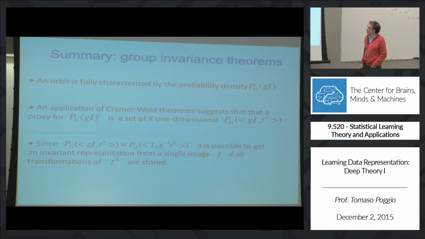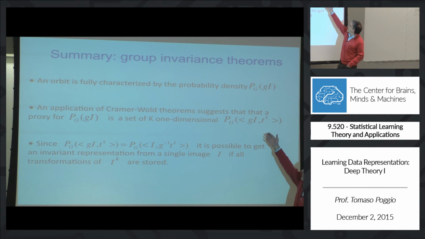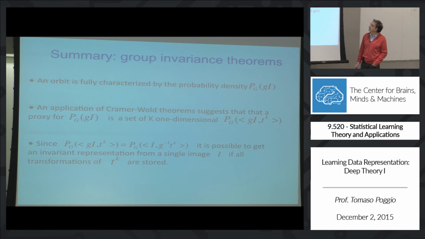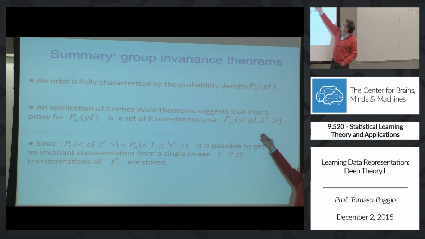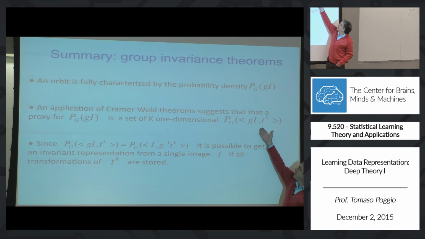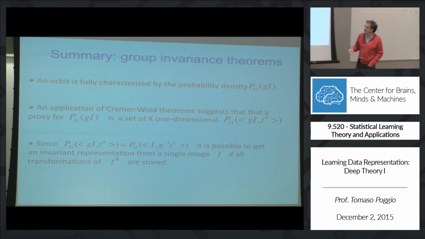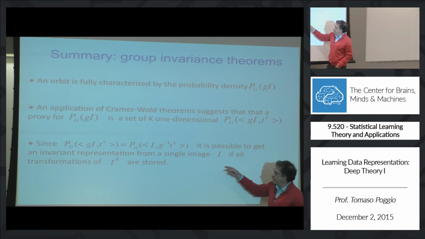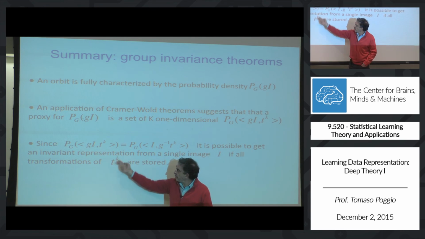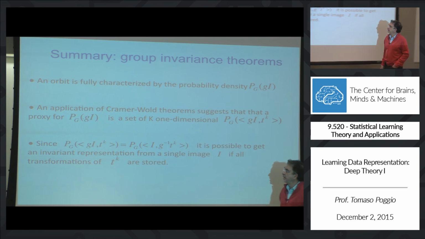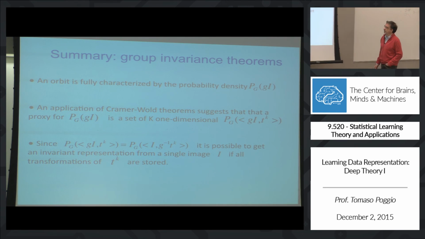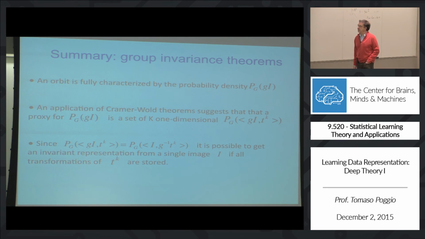And then instead of having the full probability distribution, high dimensions, you can have a set of one-dimensional probability distributions generated by dot products of I with a fixed set of templates. And then because of this property of the dot product, you don't need to see all the transformations of the image if you have all the transformations of the templates.